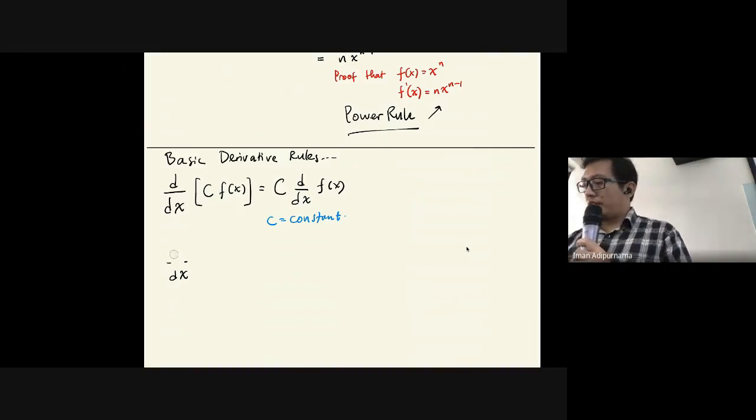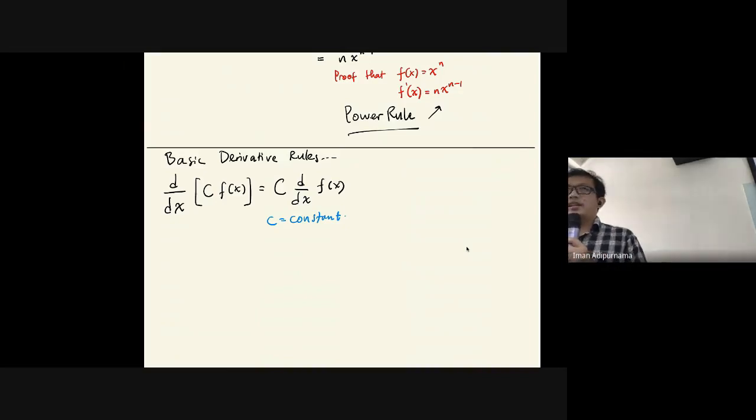By the way, usually if you see any d over dx, it means this is derivative. So this is the function. Usually it's dy dx, but you can change y to any function, right?